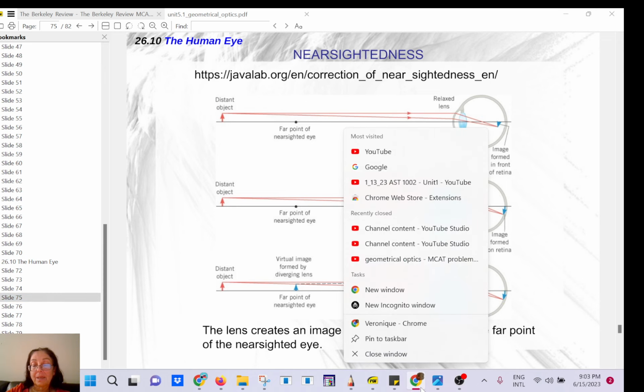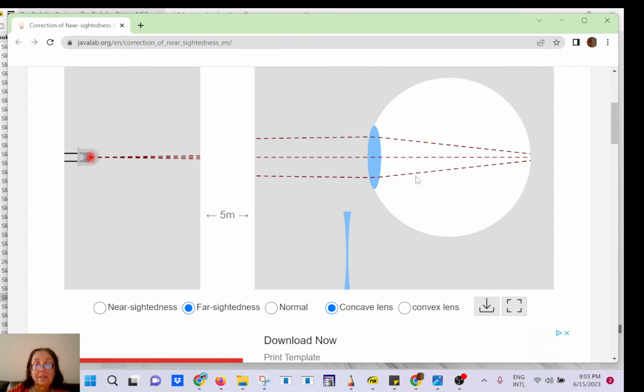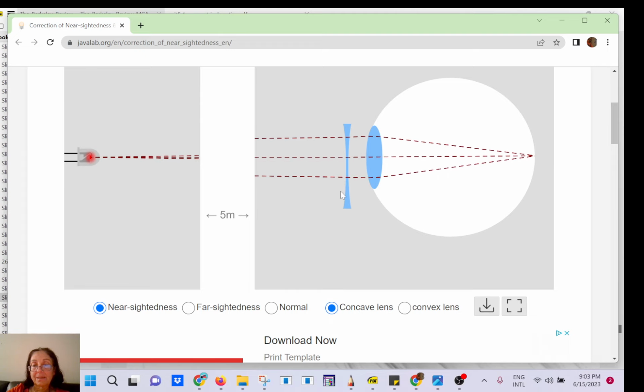And I think I have a small simulation. That one is farsightedness, and I want nearsightedness. So with nearsightedness, you see the image of your LED is formed here. So you need not a convex lens, you need a concave lens.